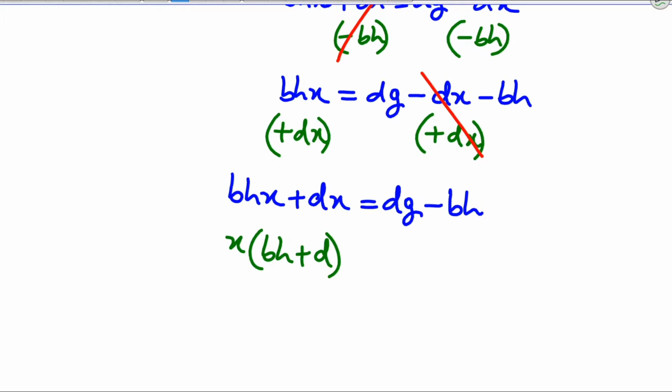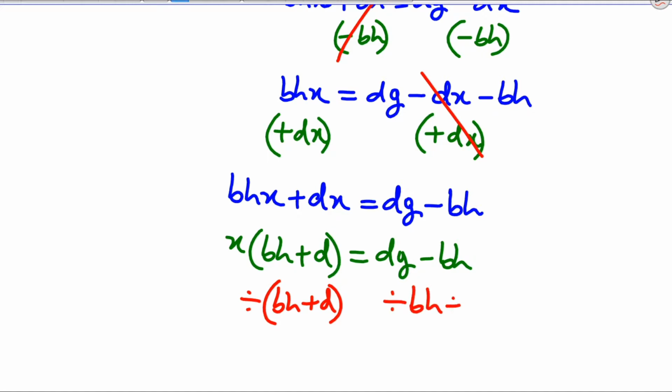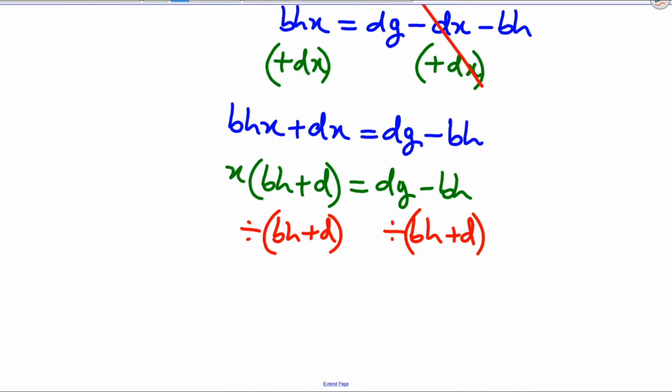Just checking that everything is fine. Yep, will be equal to DG minus BH. Okay, so we need to find X, which means you are going to divide each side by BH plus D. What we shall end up with is this divided by that will be equal to 1.